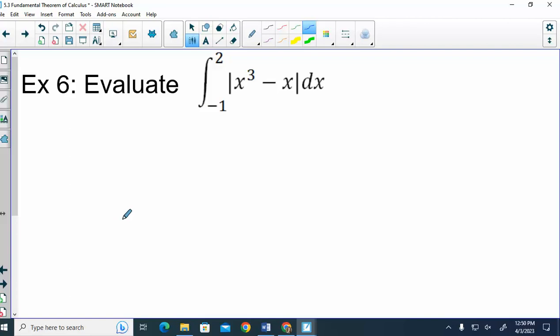Let's look at this one. Absolute values, yes. What do we do? Split it up. Yep, we have to split it up, and to figure out where to split it up, we have to know what makes it equal 0. So I need to know what would make x cubed minus x equal 0.